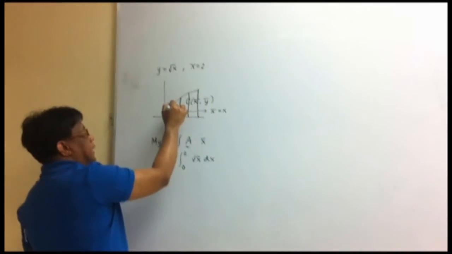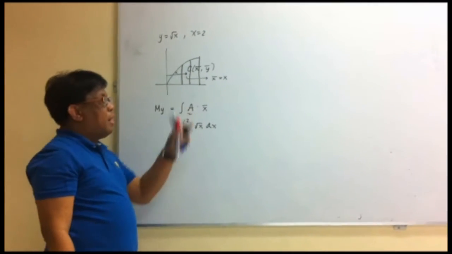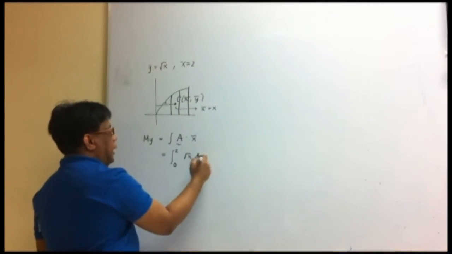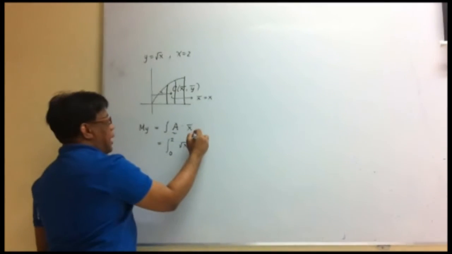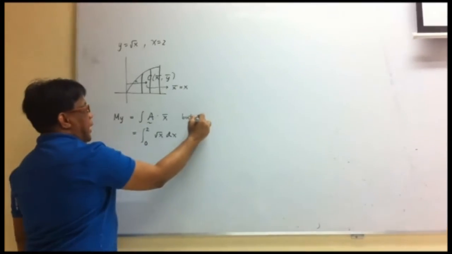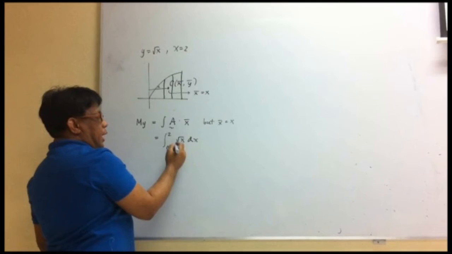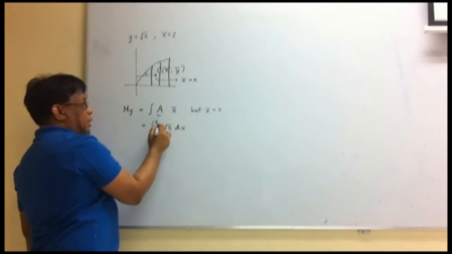So therefore the distance is x, and bar x is x. Let us write it here.